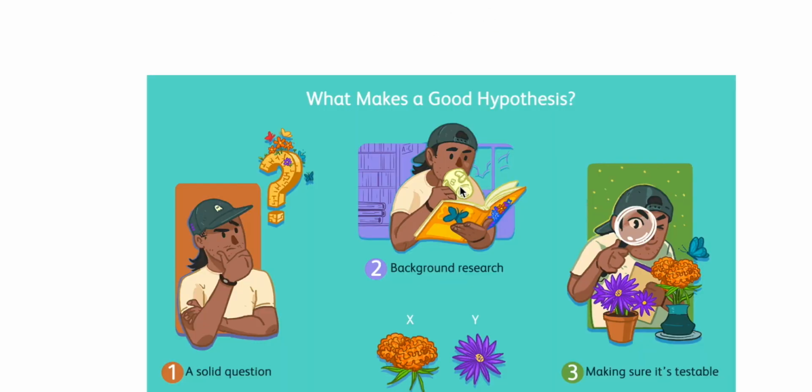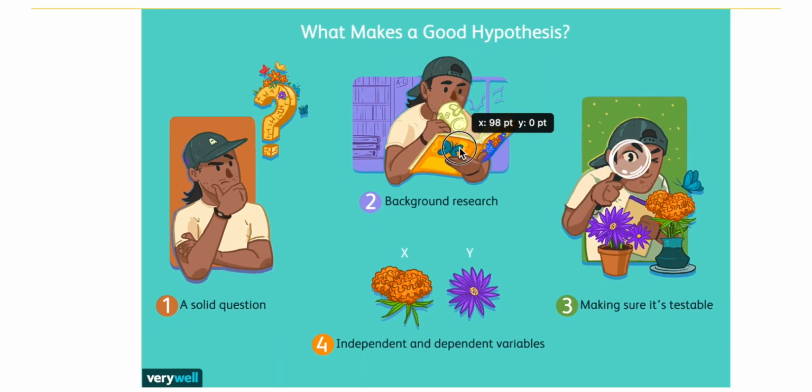So, if a student is going to do a hypothesis, there are things that we need to consider. Okay? What makes a good hypothesis? One, it should be a solid question. What do you need to ask? It shouldn't be very vague. As much as possible, provide detail that someone hasn't provided yet, right?